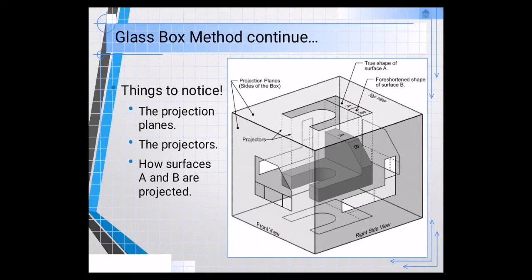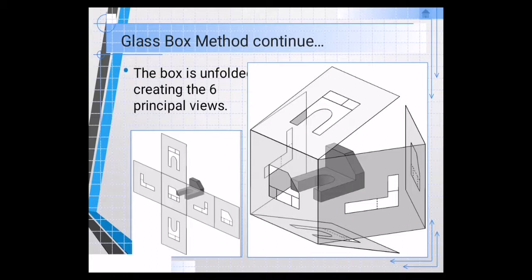When we see from this side, we get the front side on this projection plane. If the observer sees from either the left hand side or right hand side, you will obtain the right hand side view. When the box is unfolded, it creates the 6 principal views.